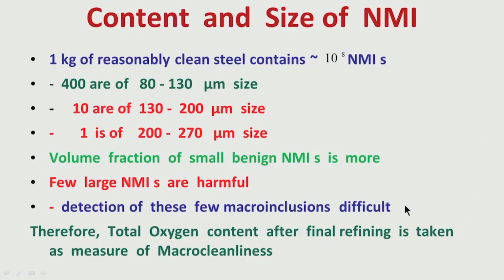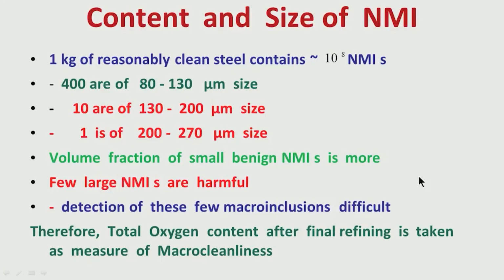I will come to this aspect later on, how to find inclusions in steel, but the detection of the macro inclusions is difficult. But it has been found that if the total oxygen content after refining is less, that means oxide inclusions in general are less, then these macro inclusions will also be less.